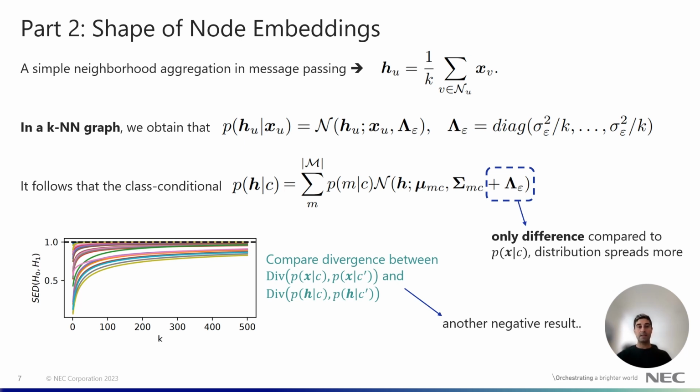And this means that the embeddings of different classes are less separable and therefore harder to classify than in the input space. So this again shows that the k-nearest neighbor graph in this case is not really the best solution. It doesn't appear to help us improve the classification performance compared to using a simple method for tabular data.